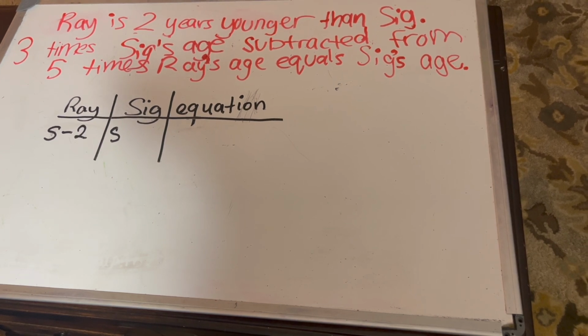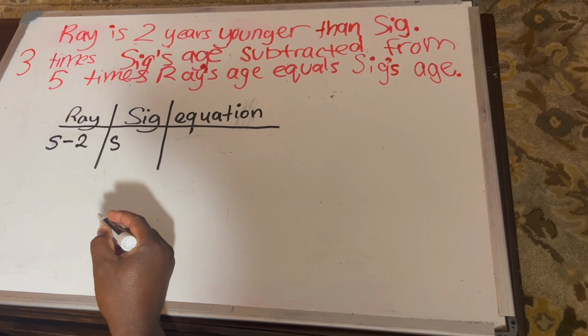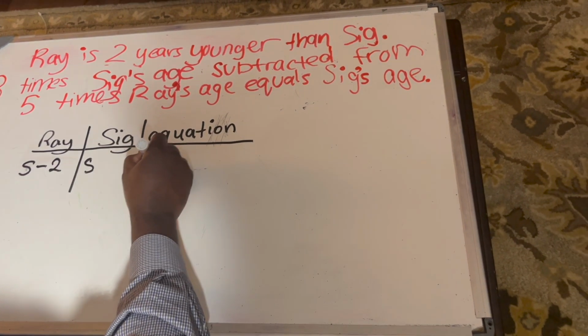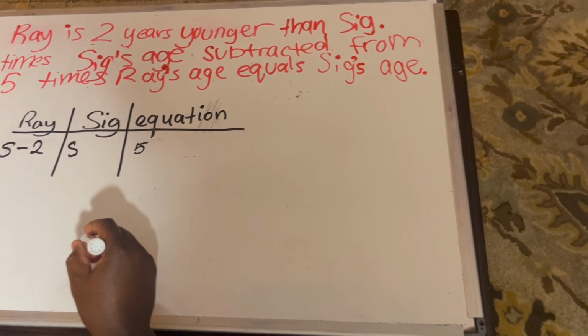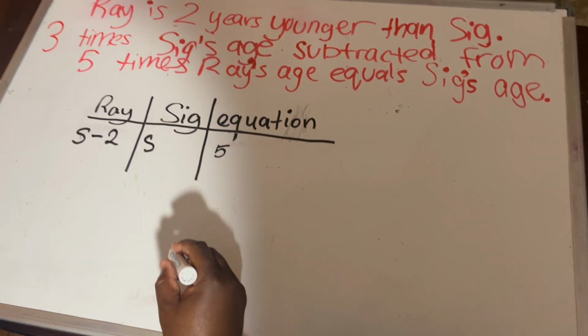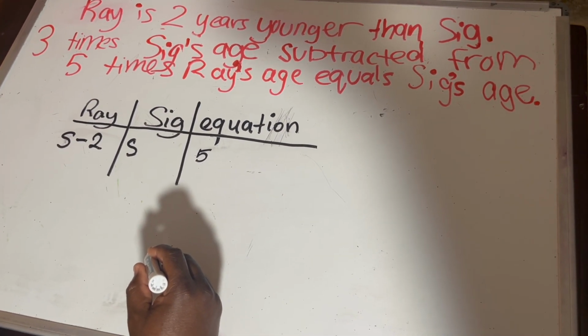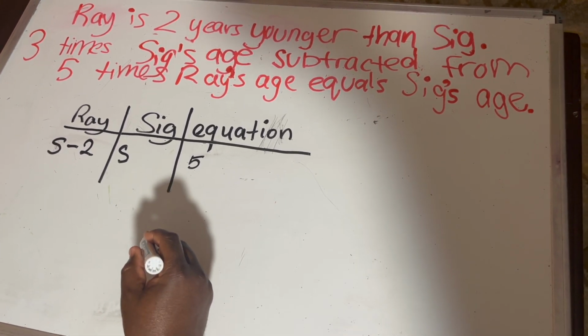So let's start off with 5 times Ray's age. So we're going to have our 5, and we can look at our Ray, and what describes Ray's age? S minus 2. Correct. So we're going to have our s minus 2 in parentheses.